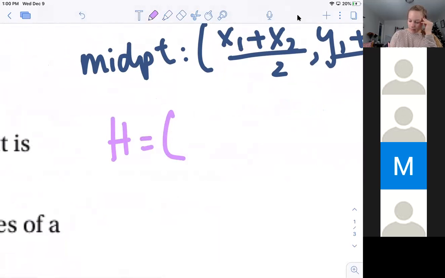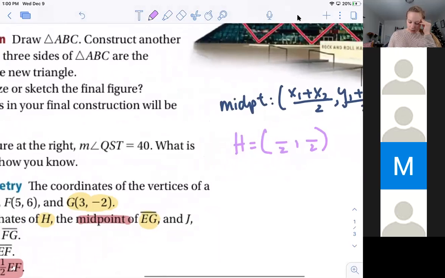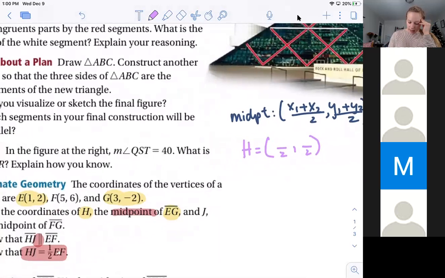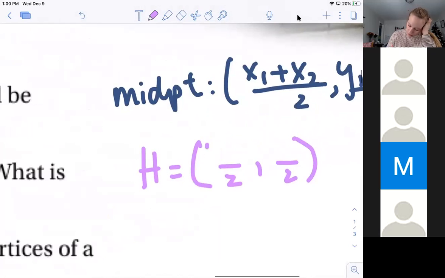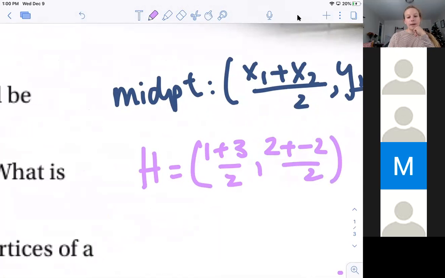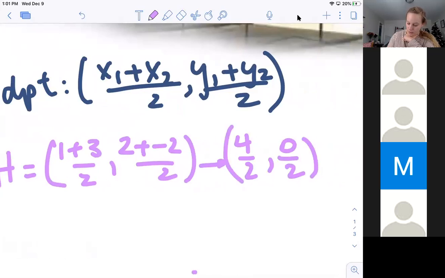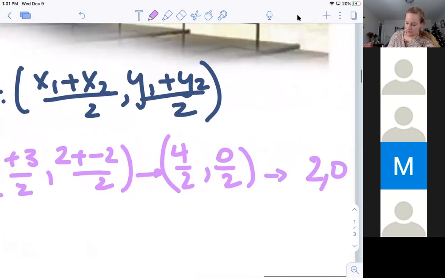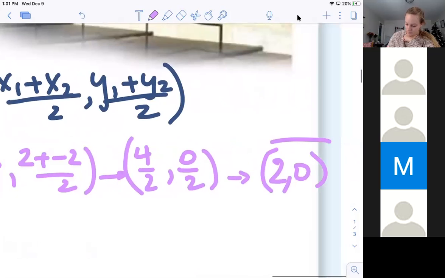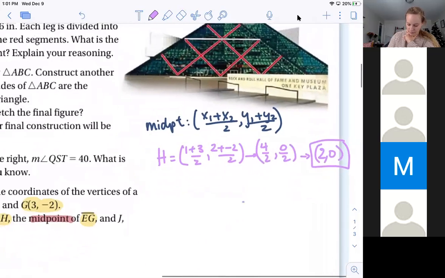So the x's are 1 and 3, and my y's are 2 and -2. 1 plus 3 over 2, 2 plus -2 over 2. Okay, so 1 plus 3 is 4 over 2, and then 2 plus -2 is 0 over 2. So I get (2, 0). Oh, nice easy numbers, perfect.